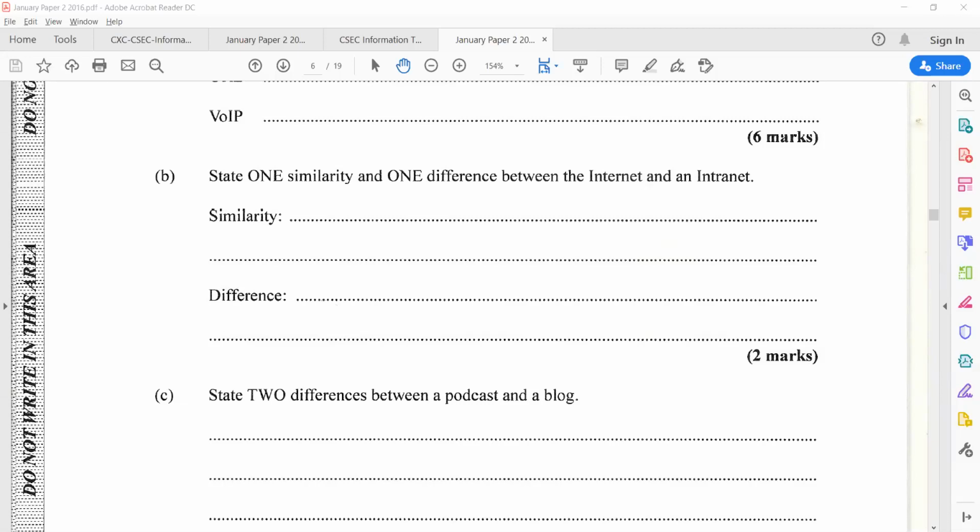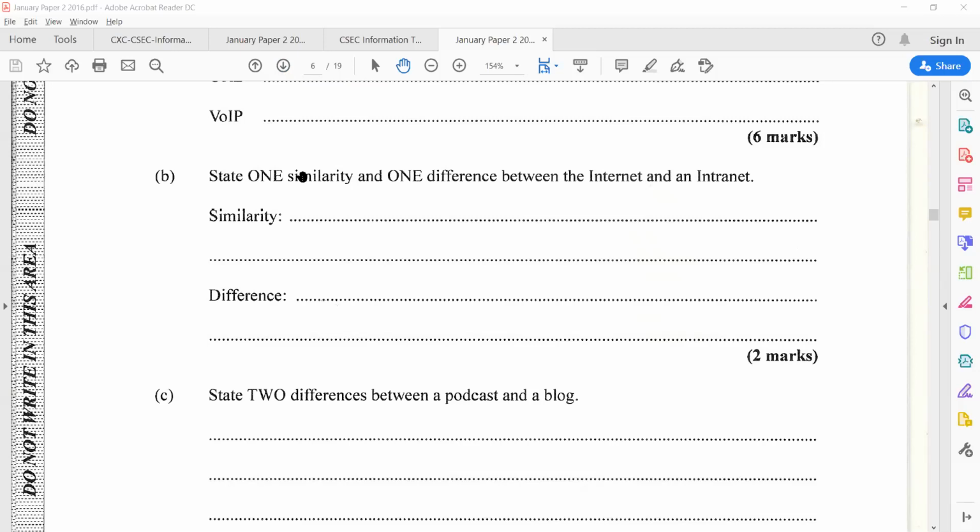and one difference between the internet and intranet. So can someone state a similarity and a difference between the internet and intranet? Right, there are some answers coming in here.